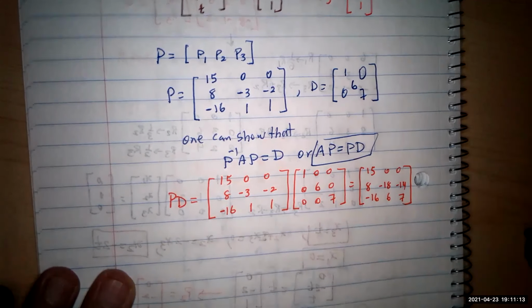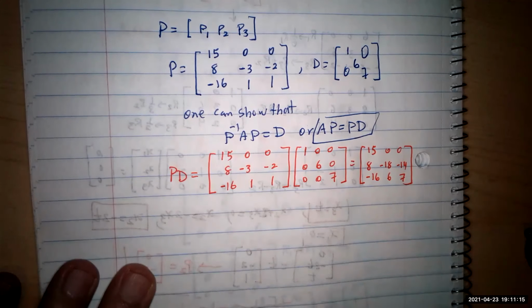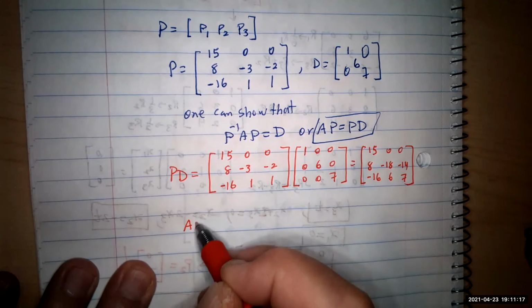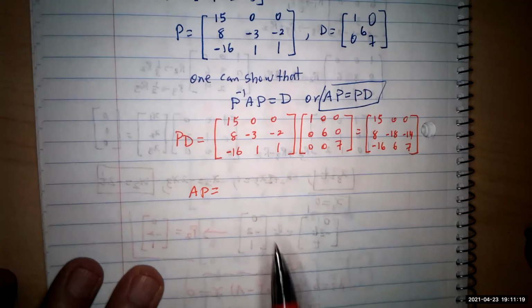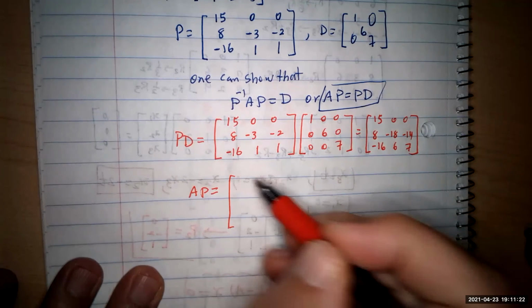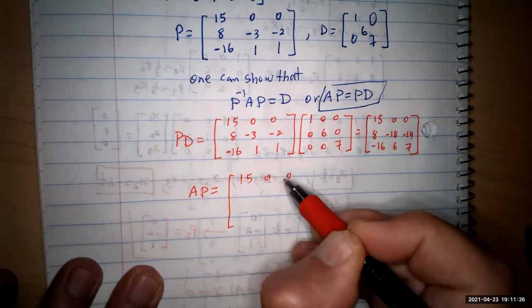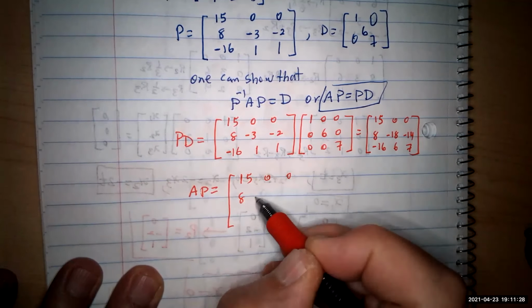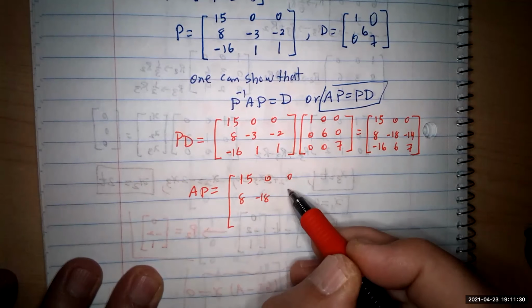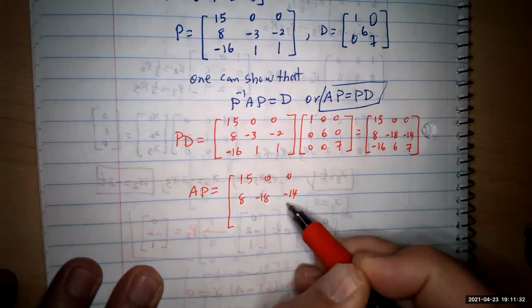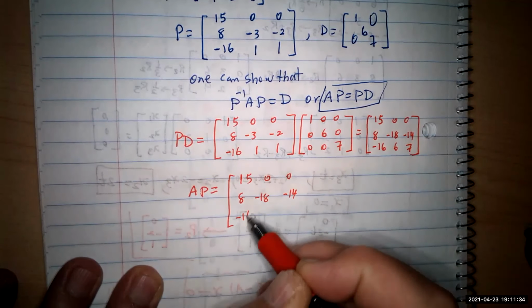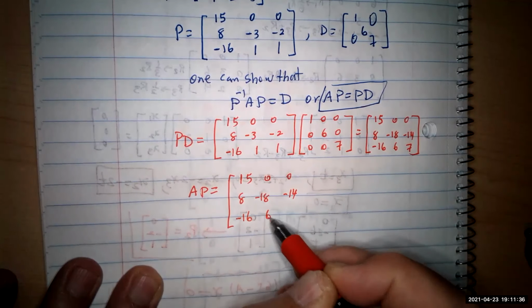You see, this is going to be P times D, and the AP is the same. You can check it for yourself, that the AP is going to be the same thing: 15, 0, 0, 8, negative 18, negative 14, and negative 16, 6, 7.